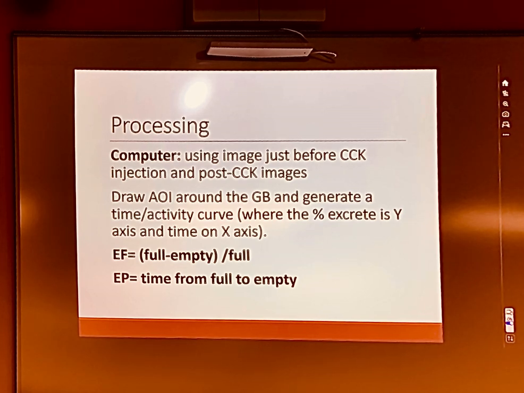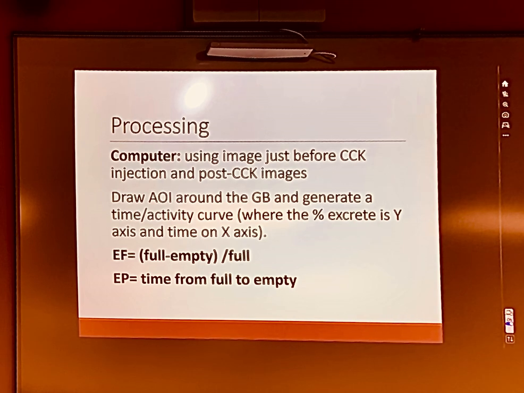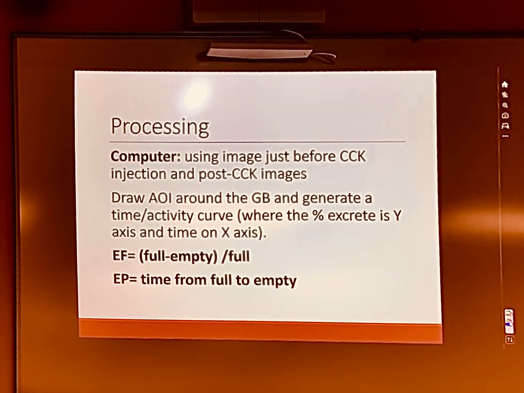Basically, the count in the gallbladder when it was full, pre-CCK, minus the count in the gallbladder post-CCK, divided by the full amount that you had pre-CCK. And that will give you your ejection fraction.